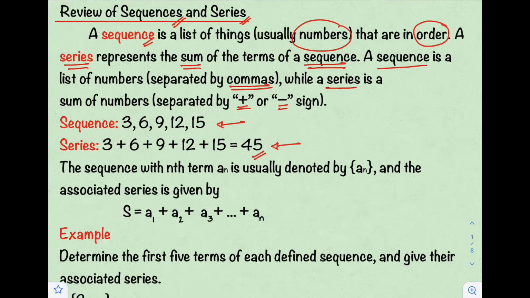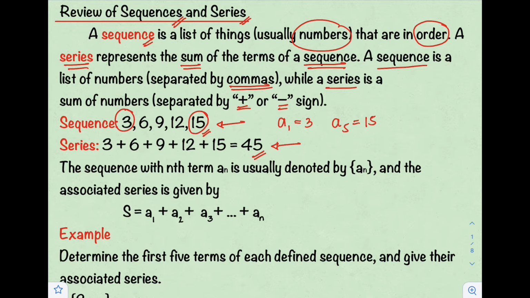Then, dun sa ating sequence, guys, may tinatawag tayo dyan first term and last term. Okay? Then, usually, first term is denoted by a sub 1. So, dito ang a sub 1 natin is equals to 3. Then, yung ating last term, which is yung pang-5, that will be our a sub 5, which is equals to 15.